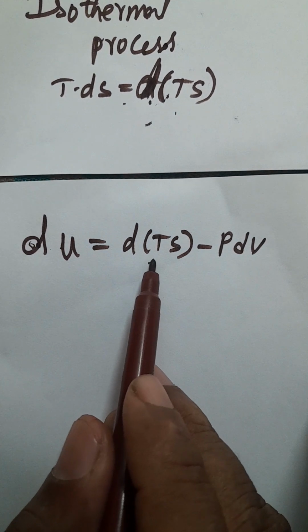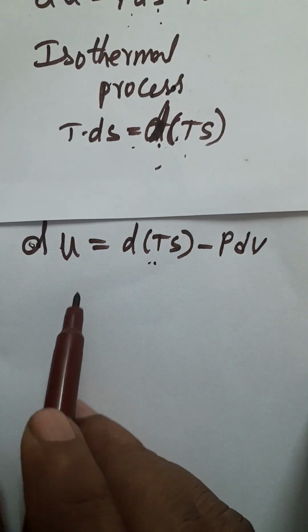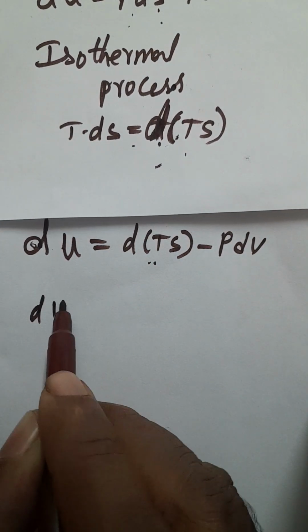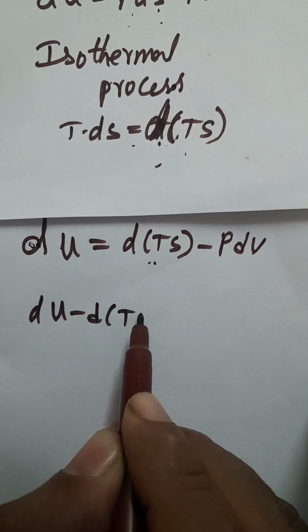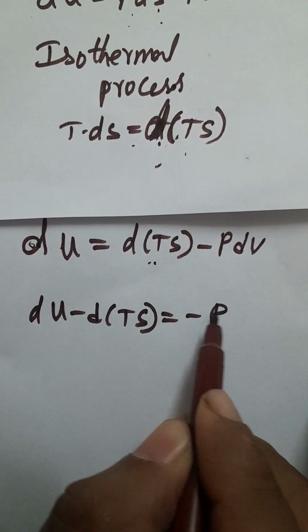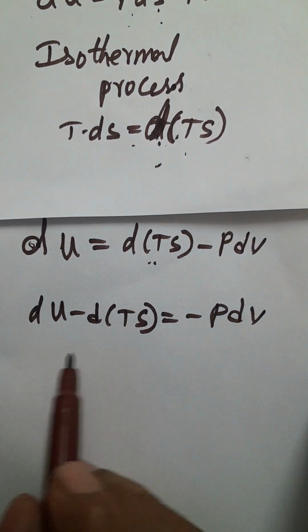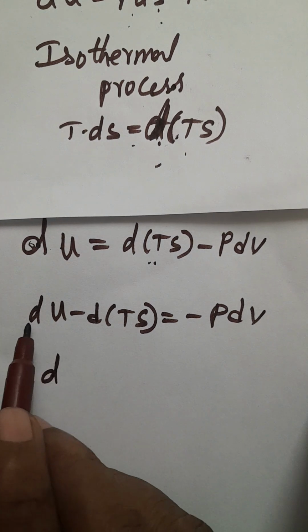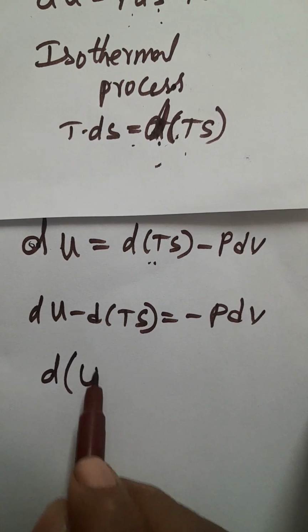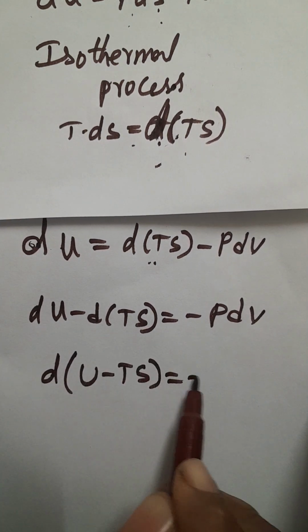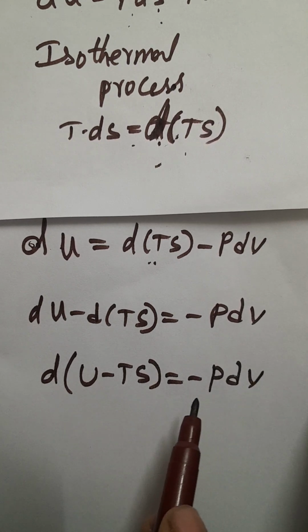Now we transfer this term to that side: dU minus d of TS equal to minus P into dV. Now we take d common, so d of (U minus TS) equal to minus P into dV.